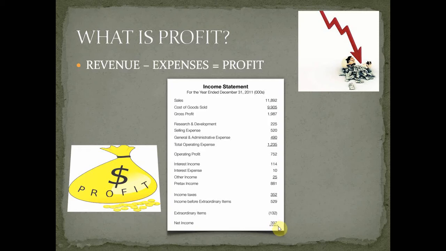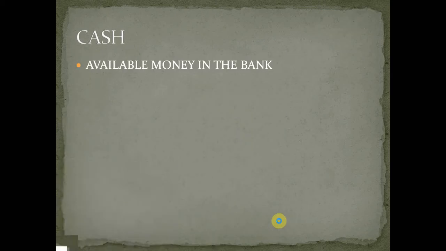If the number is positive, meaning that your total expenses are much less than your sales or your revenue, then you have a profit. And if this number is negative, then you have a loss.